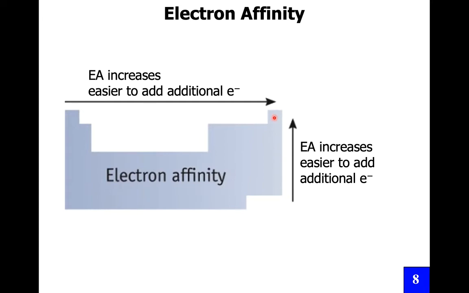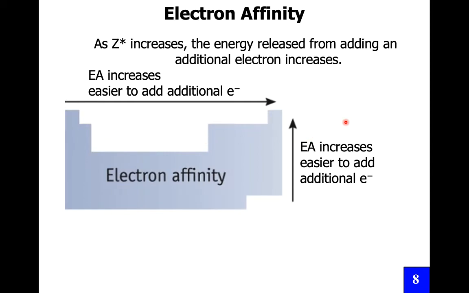So helium, neon, argon, and all those, the electron affinity is 0 for them. As we go left to right across the periodic table, the electron affinity increases until we get to the halogens. In this case, fluorine is the highest, and then from fluorine to neon it goes to 0. The electron affinity goes down again, and then increases as we go across.